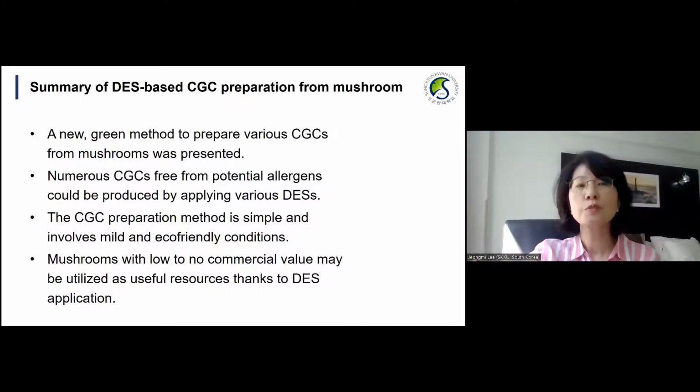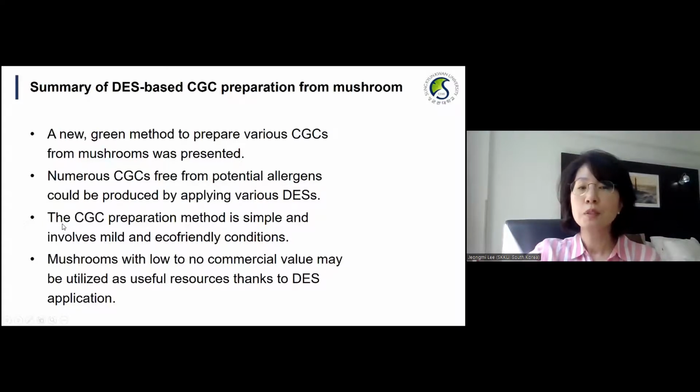So in conclusion from this first part, we presented a new green method to prepare various CGCs from mushrooms. And we found that numerous CGCs that are free from potential allergenic proteins could be produced by applying various DESs.